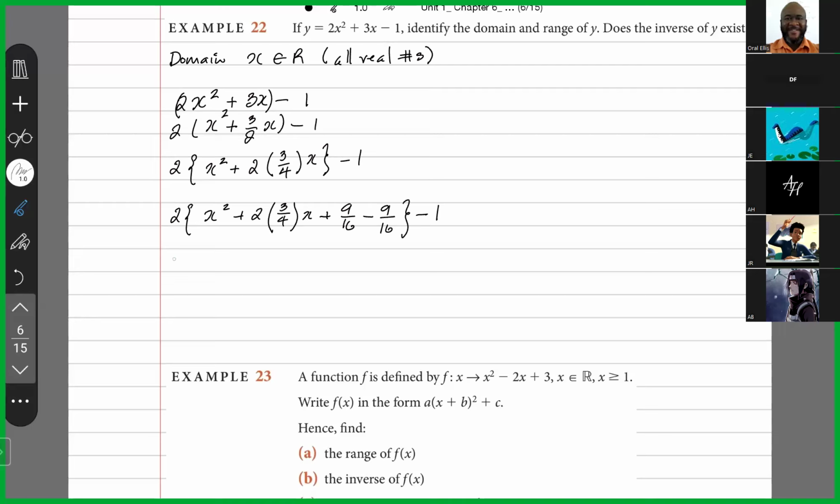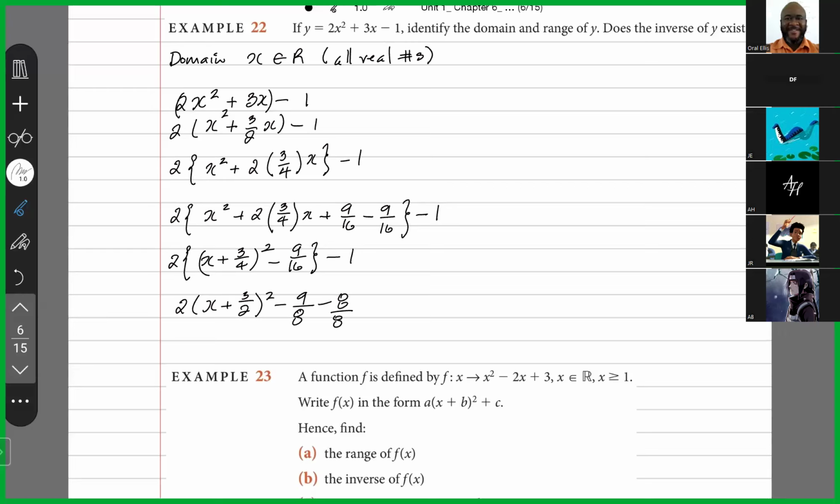So now I have 2 into x plus 3 over 4 squared, minus 9 over 16, minus 1. Remove the outer bracket. We have 2 times x plus 3 over 4 squared minus 9 over 8, minus 1, which could be written as 8 over 8.